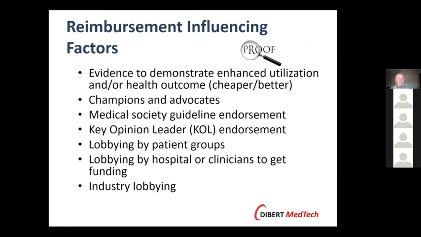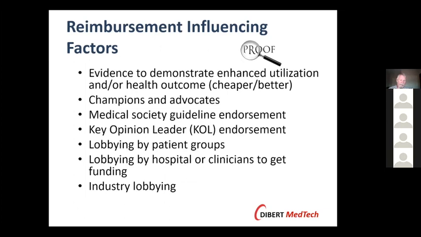And then some of the influencing factors: evidence, champions, medical society guidelines. I mean, if you can get a guideline out of a physician group, that endorsement is useful. Key opinion leaders, we do that all the time.